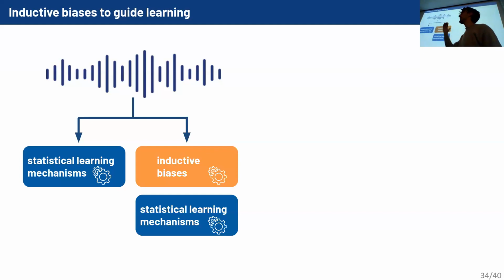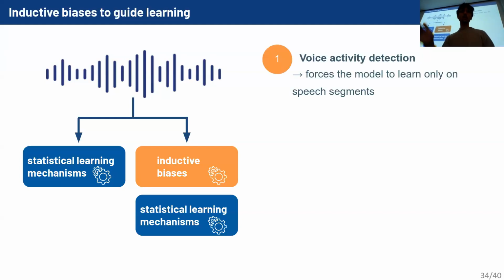By that, I mean mechanisms that have been designed to guide the learning process, to help the learner learn relevant information. So we designed 3 inductive biases. The first one is voice activity detection. The model embeds a pre-trained voice activity detection module that forces the model to learn only from the speech segments, to discard the non-speech part of the signal.